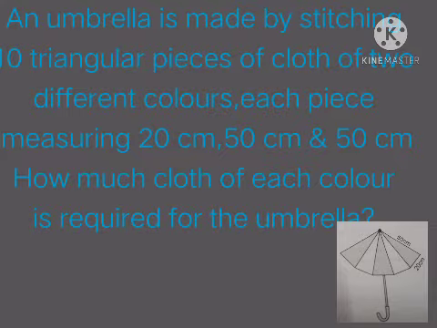So here we have to find area of one triangular piece. Then we have to multiply that by 5, because 5 pieces are in one color and another 5 pieces are in another color. That means area of required cloth for each color equals 5 into area of a triangular piece.